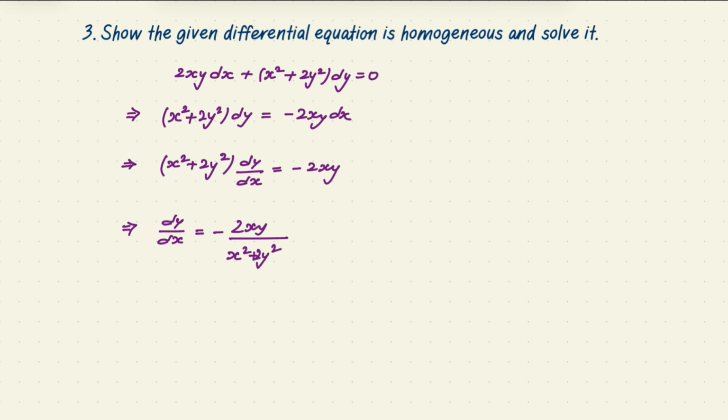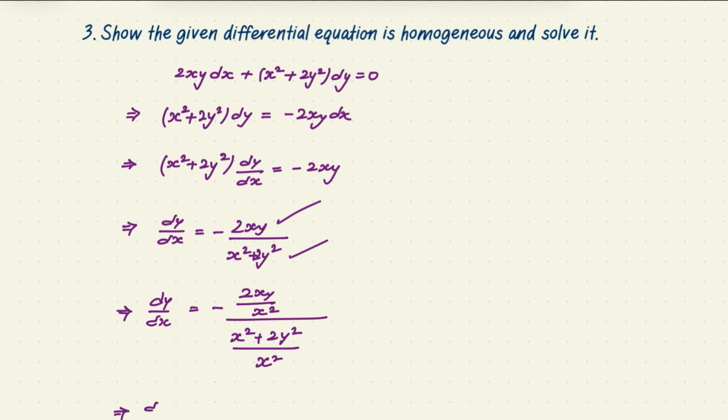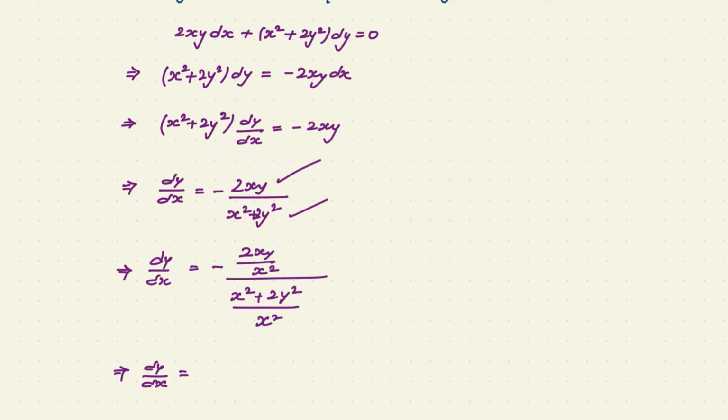Now on the right hand side of this equation, we will divide the numerator and the denominator by x square. Then we will have 2xy by x square whole divided by x square plus 2y square by x square. So that is the value of dy over dx. We are trying to show that this equation is homogeneous. Here you see that this x square got cancelled.